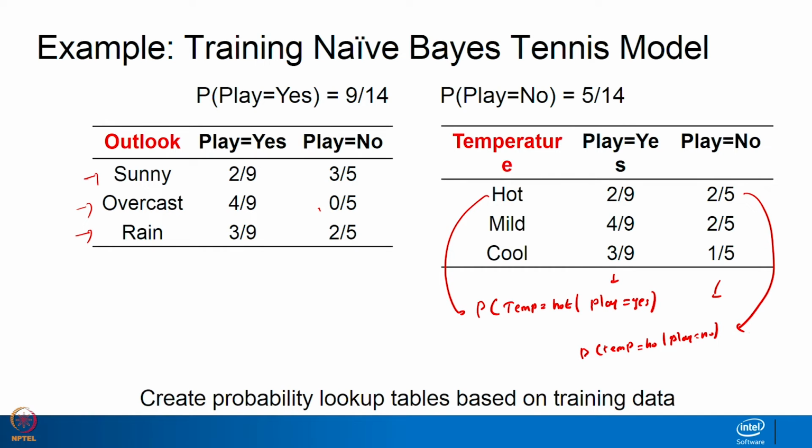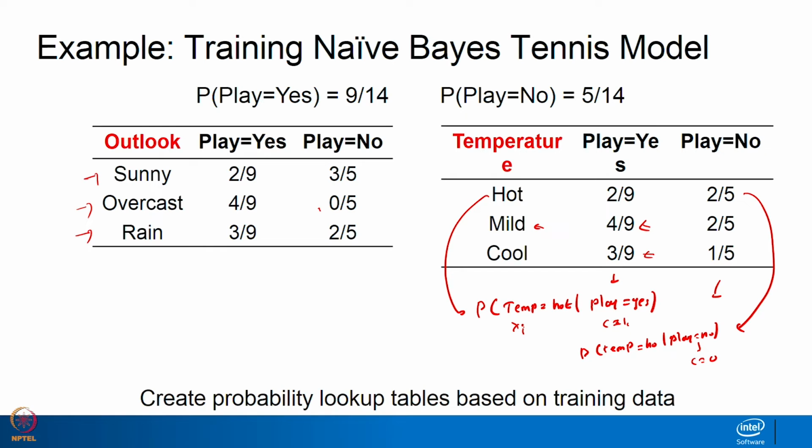Similarly, the probability of temperature equal to mild when play equal to yes is what we calculate here, and the probability of temperature equal to cool when play equal to yes is what we calculate here. Here the class play equal to yes corresponds to C equal to 1, and play equal to no corresponds to C equal to 0. And these are the xi's that we are talking about.